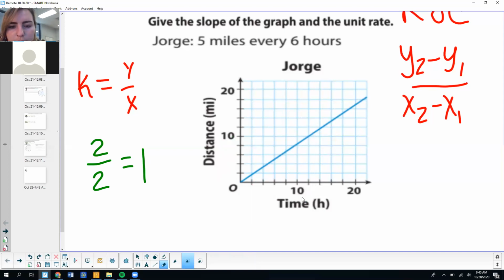So 5 miles every 6 hours. Sorry, I know it's kind of hard to see this graph. I can't actually tell if this point is going through now.